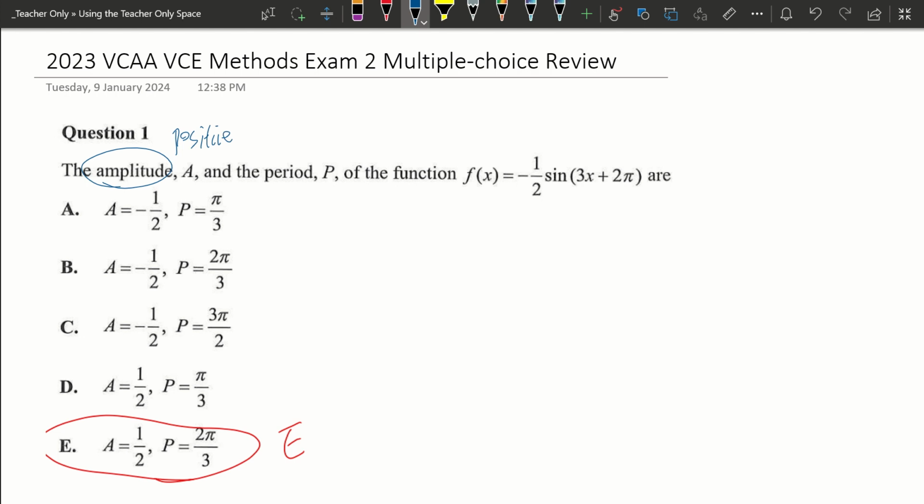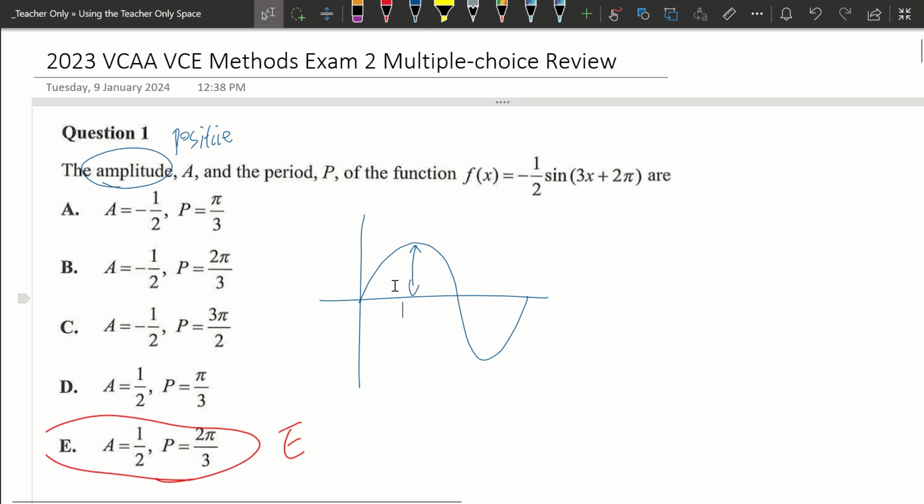That's the definition of it, because amplitude is just the distance between the top y value and the middle y value of the trigonometry function. And it's an absolute distance, so it's not a signed quantity.